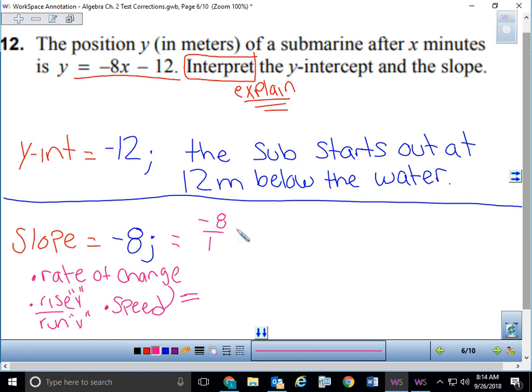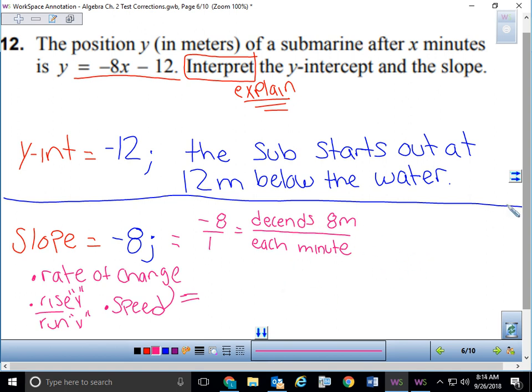That's what negative is. It descends 8 meters per x value, or this 1, which is talking about minutes. So it's descending 8 meters each minute. Putting this in words, you could say it descends 8 meters for every minute.